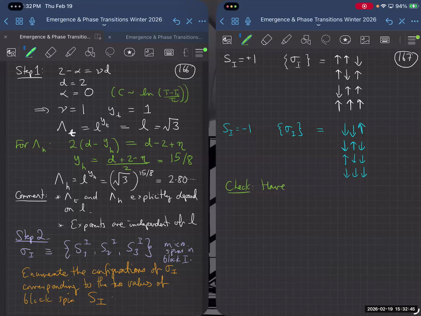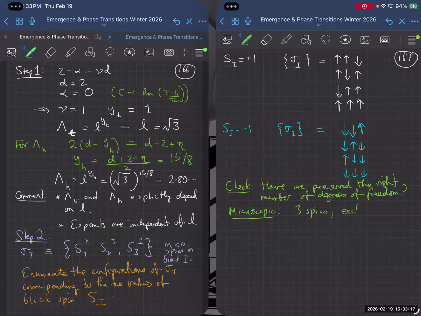Have we preserved the right number of degrees of freedom? Let's have a look at the microscopic scale. At the microscopic scale, I've got 3 spins. Each can be in 2 states.